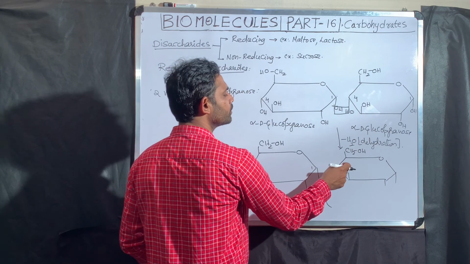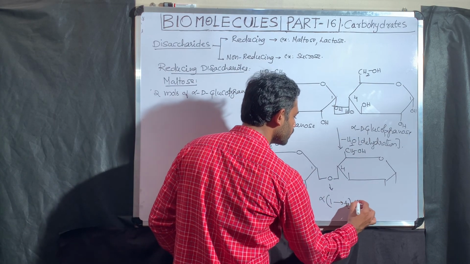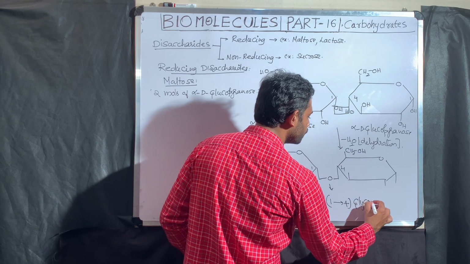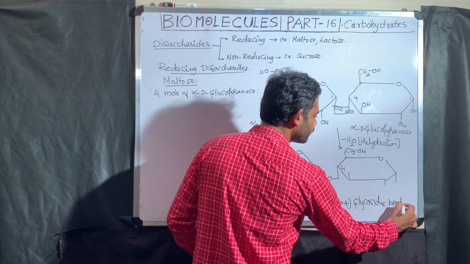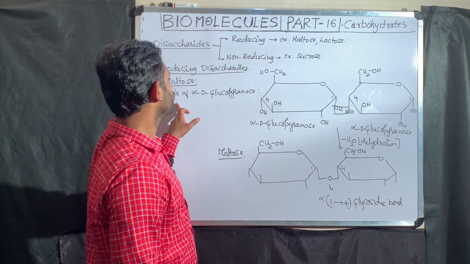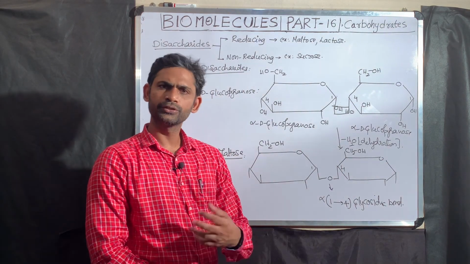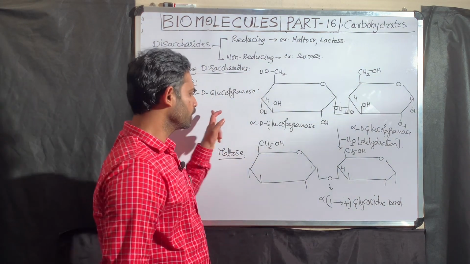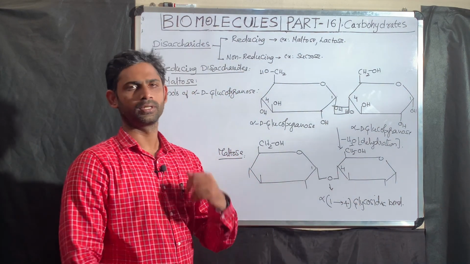From which carbon to which carbon is the bond formed? 1 to 4 glycosidic bond. So how can you define maltose completely? Maltose consists of two molecules of alpha D-glucopyranose residues linked through an alpha 1 to 4 glycosidic bond.